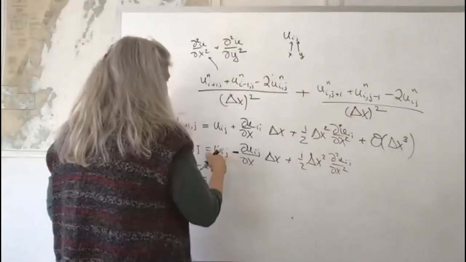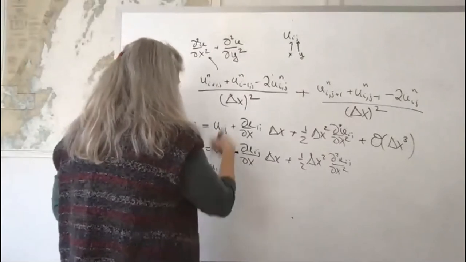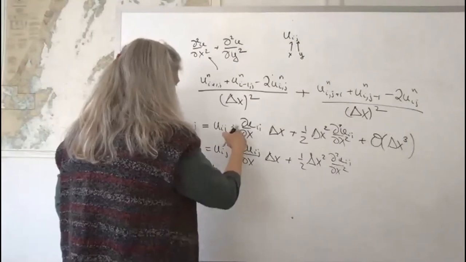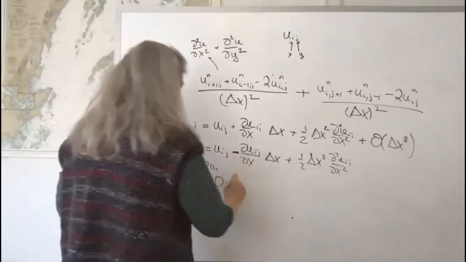So there'll be 2 of these, and I'm subtracting 2 of them, and they'll all cancel out, so 0. Then this one, because I've added these, those 2 guys will go away.